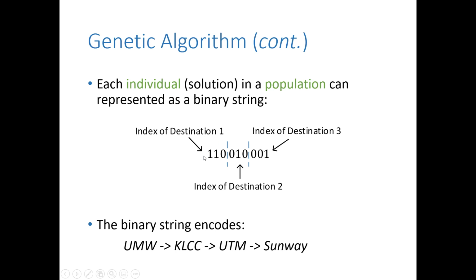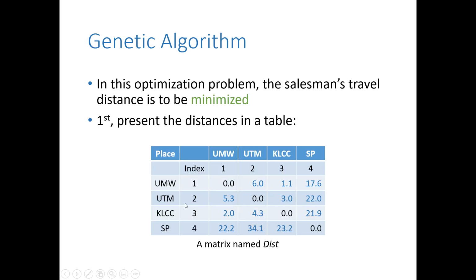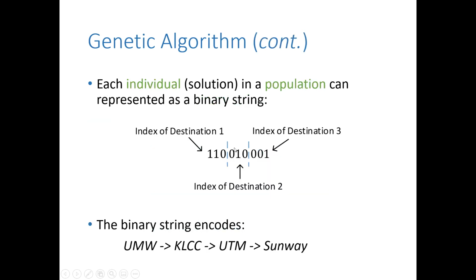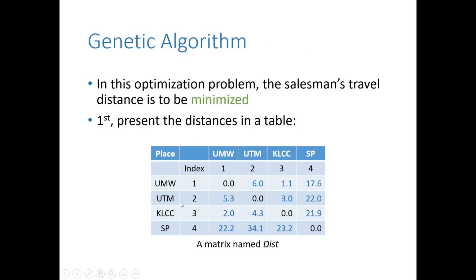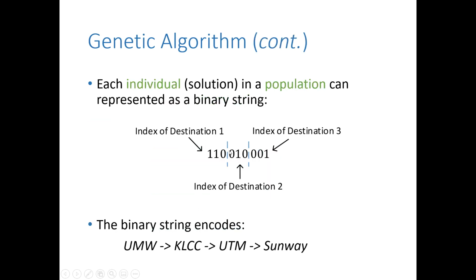This is destination 1, destination 2, destination 3. So this particular string encodes UMW, KLCC, UTM, Sunway. KLCC, why KLCC? Because KLCC is number 3 and this is number 3. UTM is number 2, and this is 2.